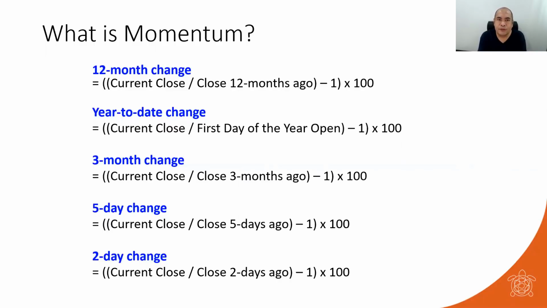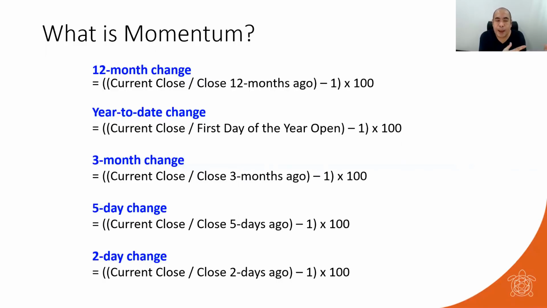So I'm going to define various types of momentum metrics that we can use, just so we can have a similar language for them. So 12-month change, what this means is you're comparing the current close against the 12-month close and translating them into percentage terms.